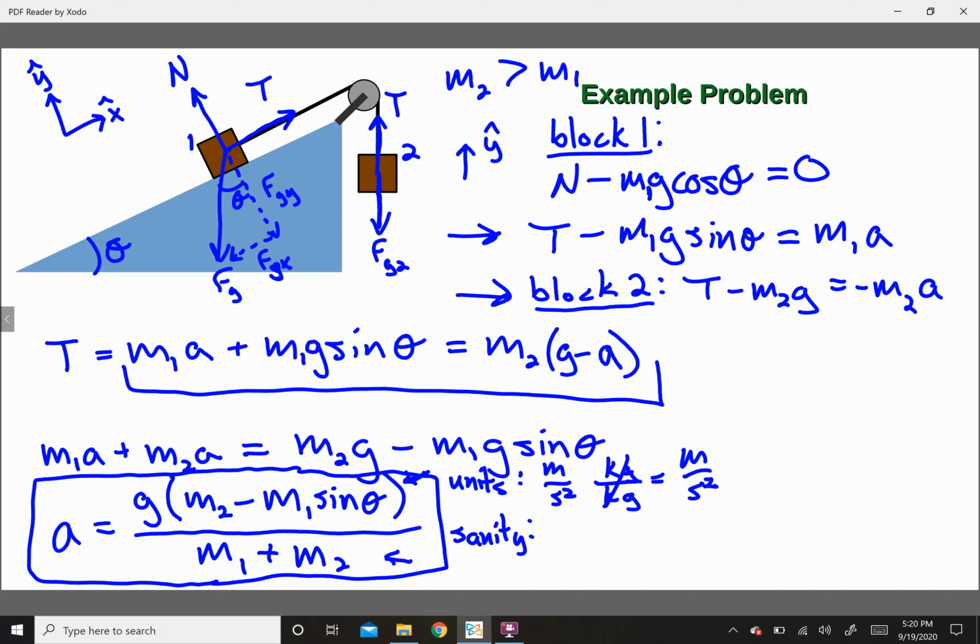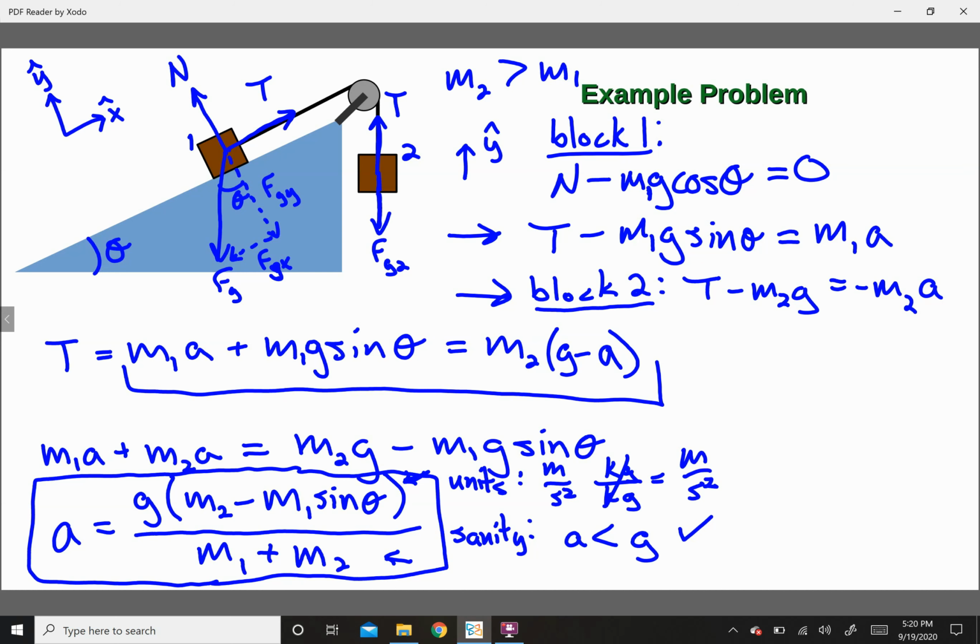And if we think about it, that makes sense, right? I shouldn't have a equal to free fall for either of the blocks because they're both pulling each other against gravity. So the interaction of the blocks means that a is always going to be less than gravity because they're not in free fall. They're pulling on each other, okay? So a is less than g, and that makes sense.